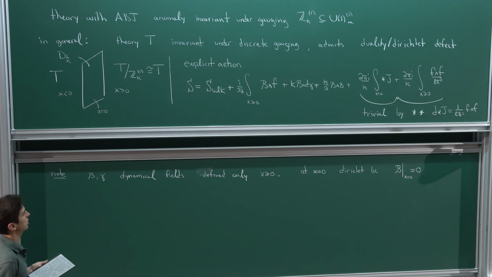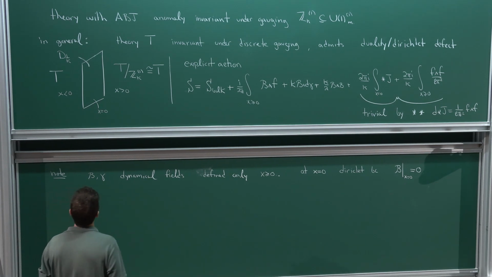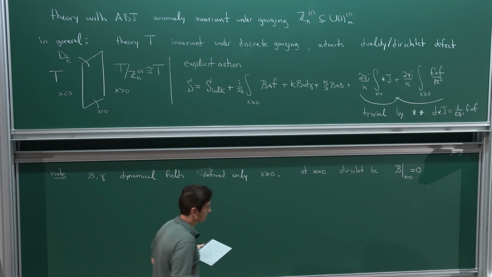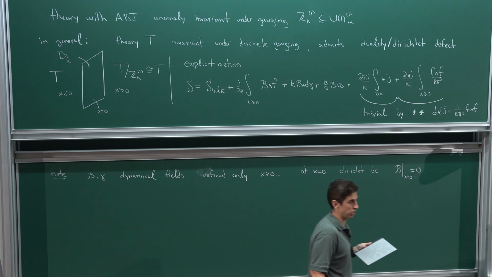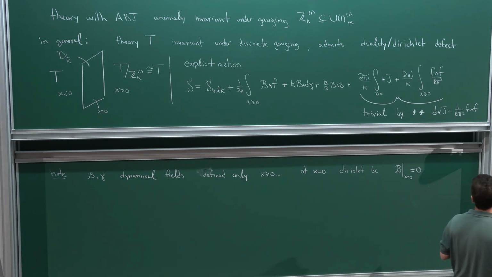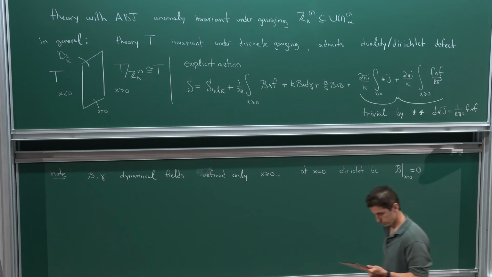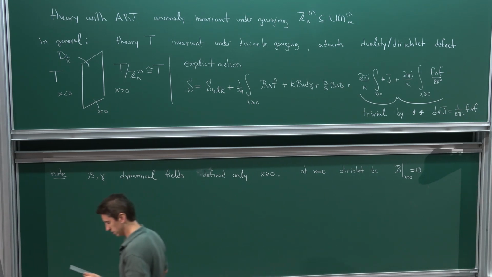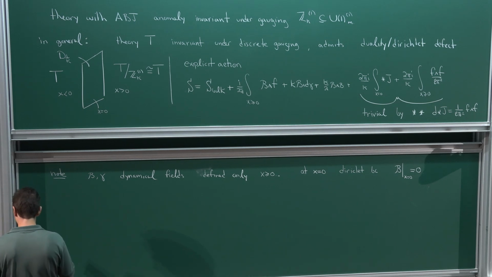So this is some construction. I note that whatever this is, and we'll soon see it's the same as our original presentation of this chiral symmetry defect, but whatever this is, it's definitely topological. Why?